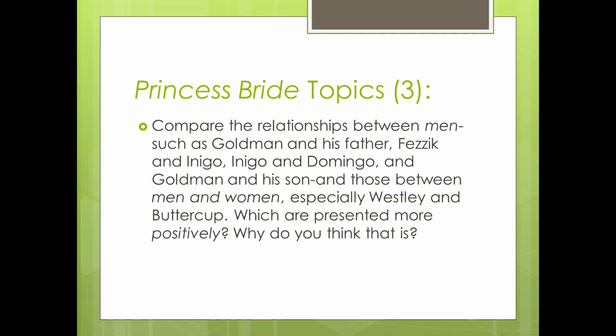And then she just disappears for the rest of the book. But in any event, which of the types of relationships, men and women or men and men, are presented more positively, and why do you think that may be the case?